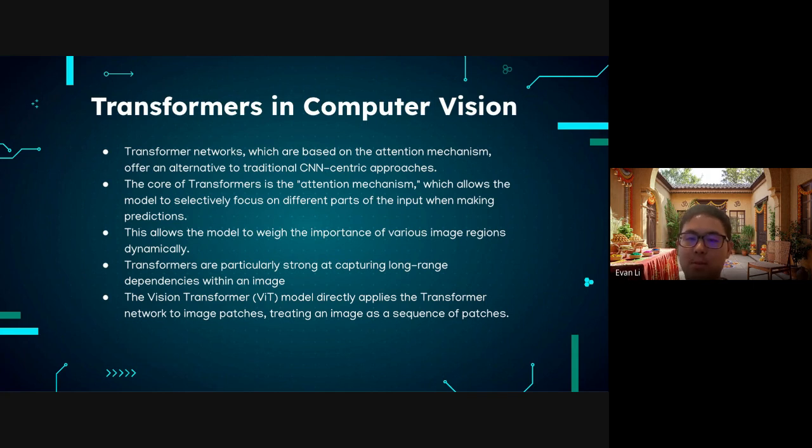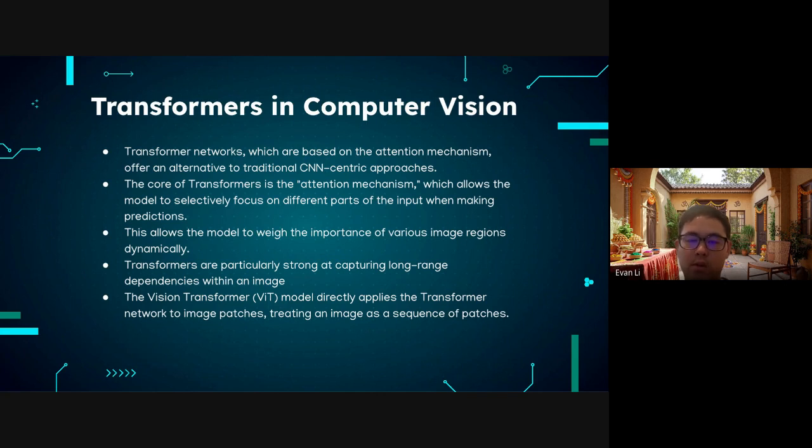It achieves this by treating an image not as a continuous grid of pixels, but as a sequence of discrete image patches. These patches are then fed into a transformer encoder, enabling the model to leverage the attention mechanism to learn relationships between different patches and understand the image as a whole.